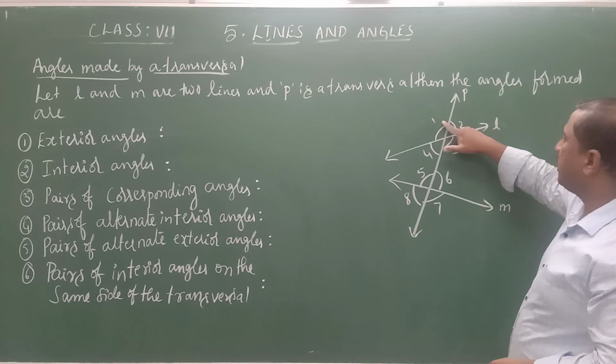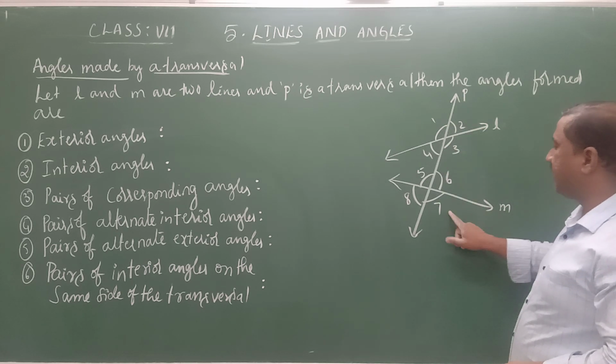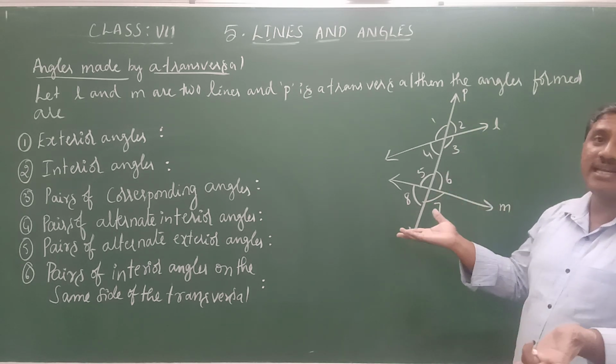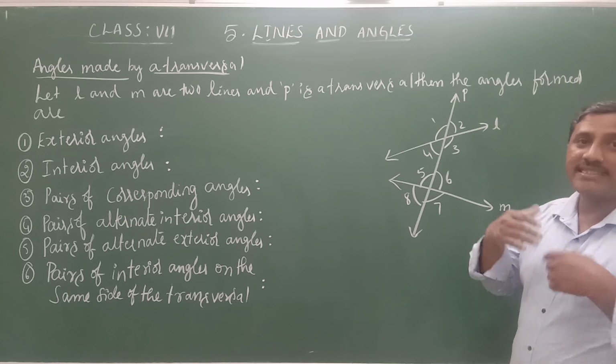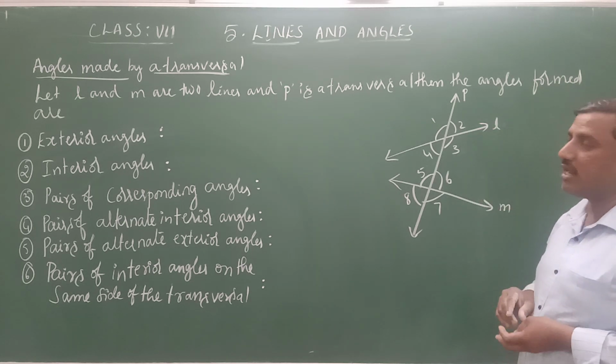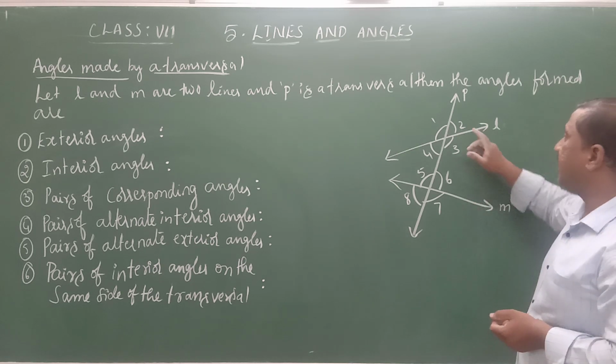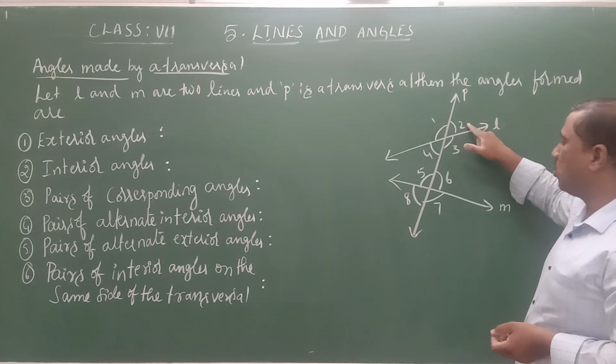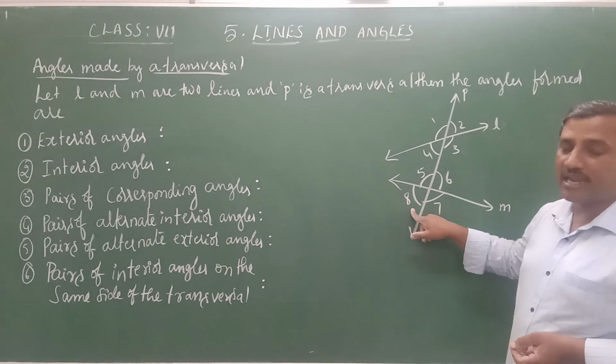Whereas angle 1 and angle 2, angle 7 and angle 8 are outside the lines, in the exterior part. Such angles are known as exterior angles. Here angle 1, angle 2, angle 7 and angle 8 are exterior angles.